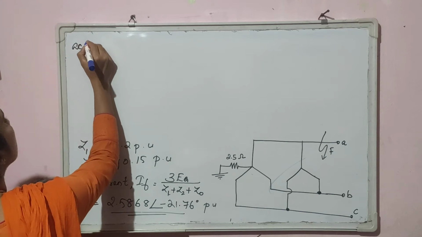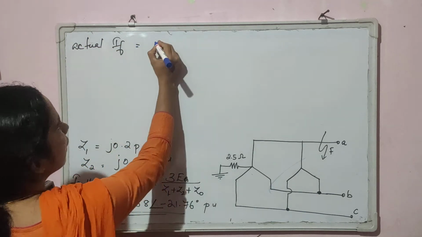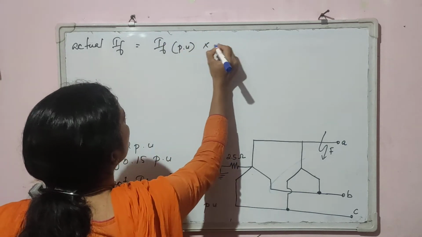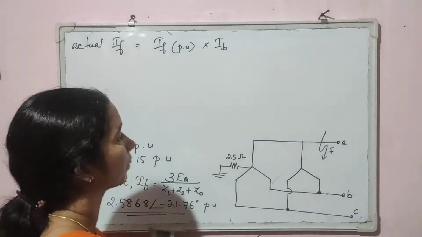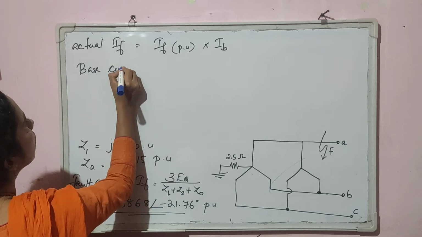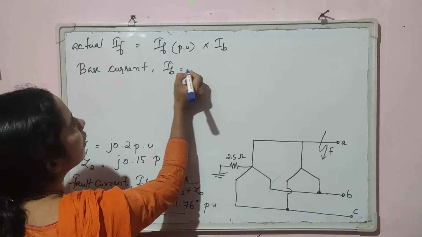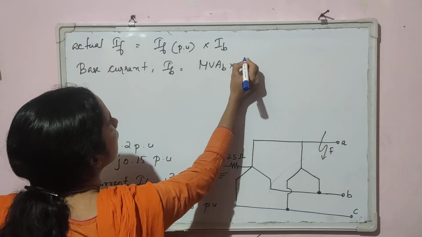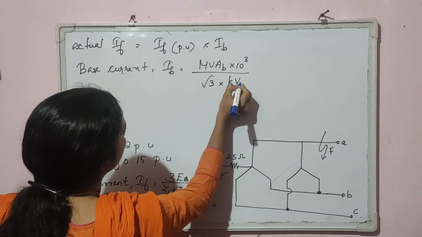So actual value of fault current IF will be equal to per unit value of IF into the base current. So we have to calculate base current IB. And we know the equation for base current. Base current IB is equal to MVA base into 10 raised to 3 divided by root 3 into kV base.